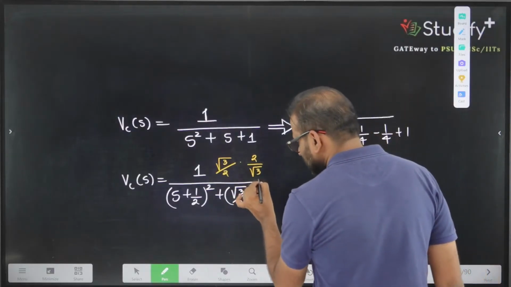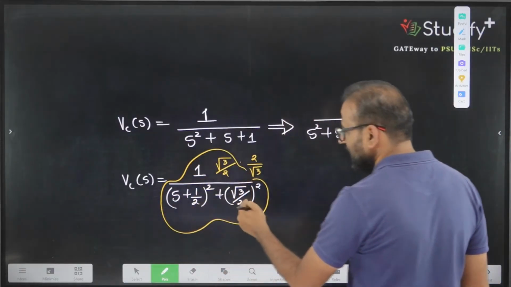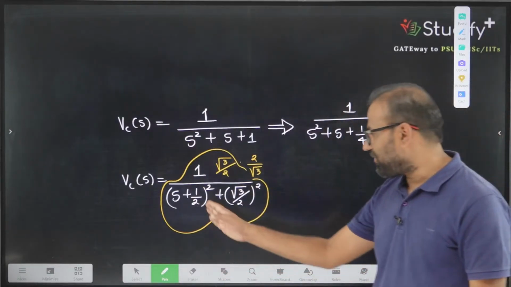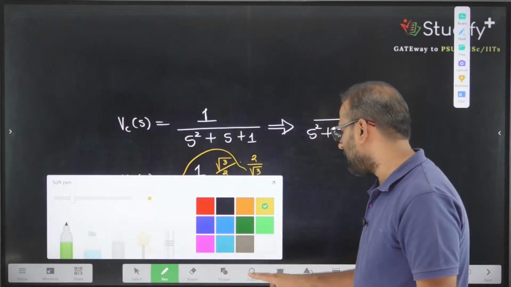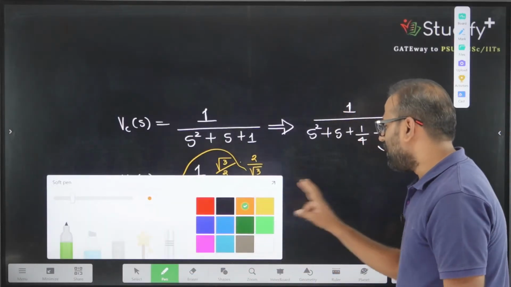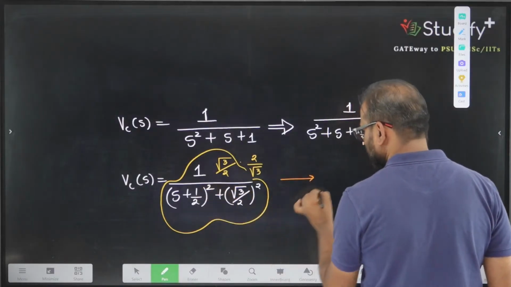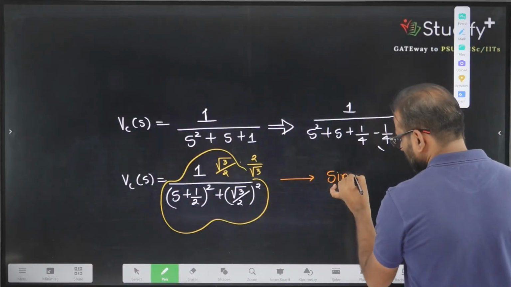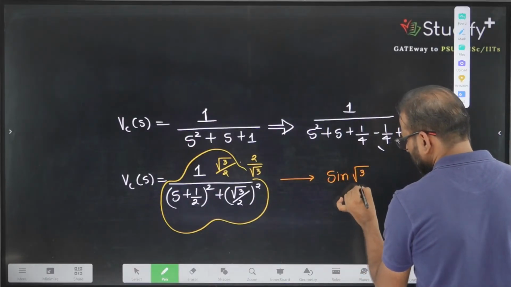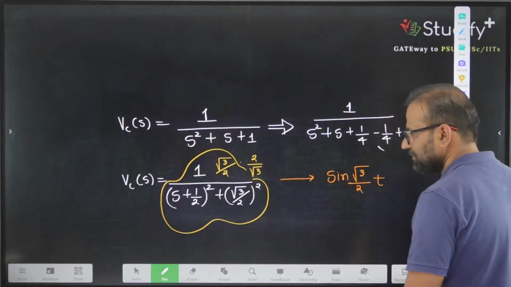So you can say this value is A divided by S square plus A square, with a shift also given. When I take the inverse Laplace transform, this is nothing but sine of under root of 3 divided by 2 into t.